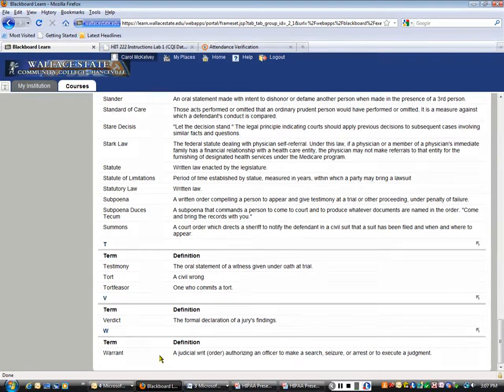In healthcare, you may see this, that a warrant is issued for a patient who is actually going to be arrested when they're released from the hospital, but also there can be a warrant that is released for medical records that gives the authority for someone, and it's usually for the government, to come in and actually look through medical records and then seize those medical records.